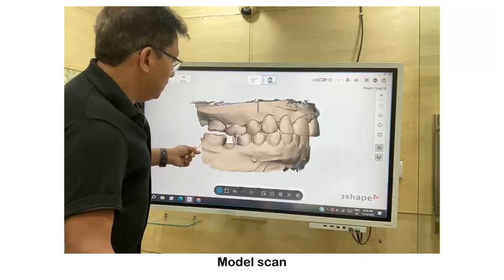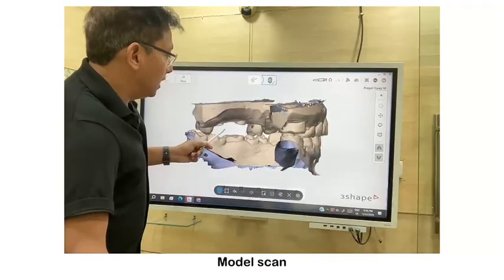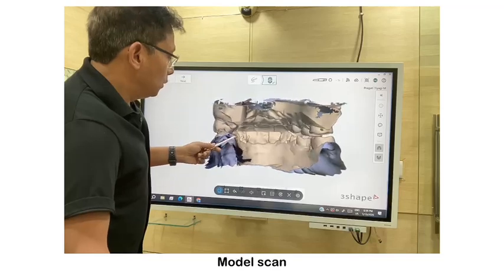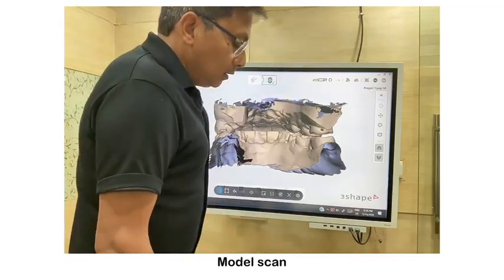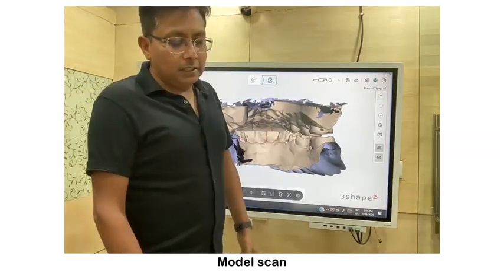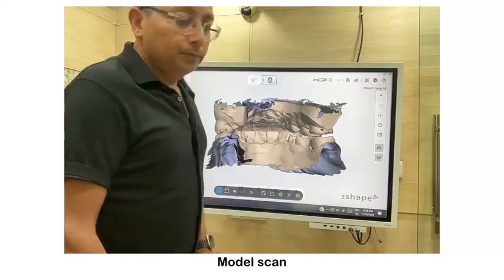Now, but we have to finish the occlusion at this height, this video. Okay, so this will be sent to the laboratory for digital mock-up.